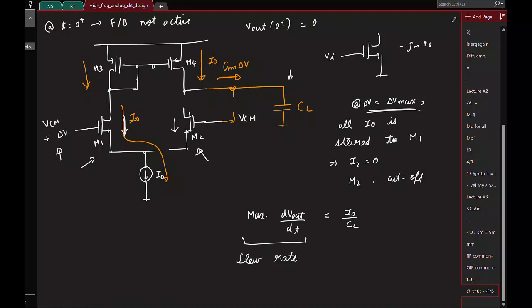It just says what is the maximum rate at which my opamp or the OTA can charge a capacitor and increase the output. Okay, and this is the positive slew rate because it says how the capacitor voltage increases, right? And in this case it's I naught by CL.